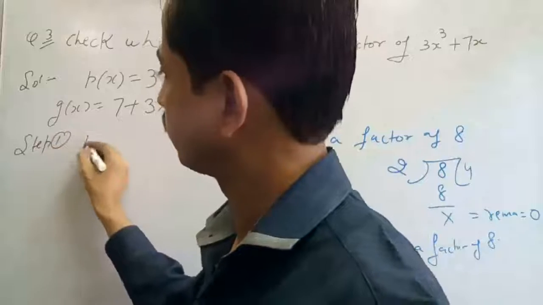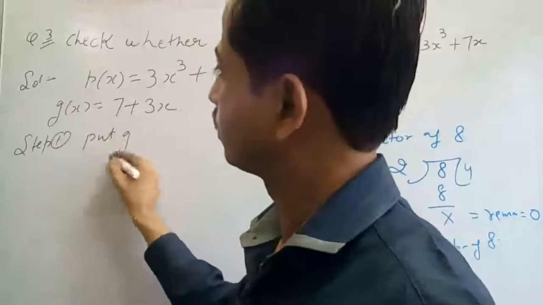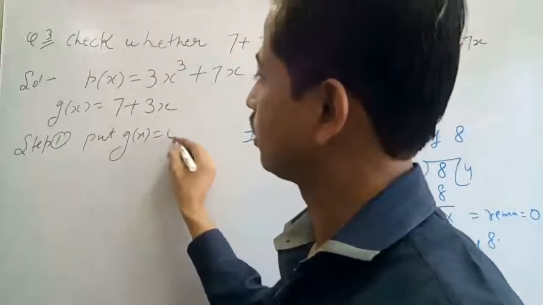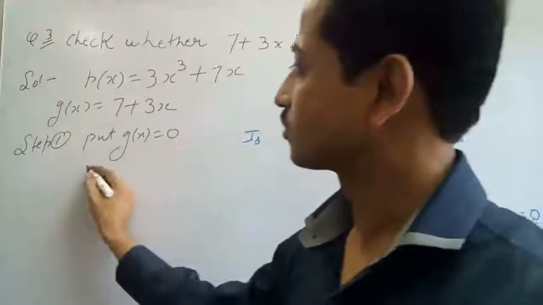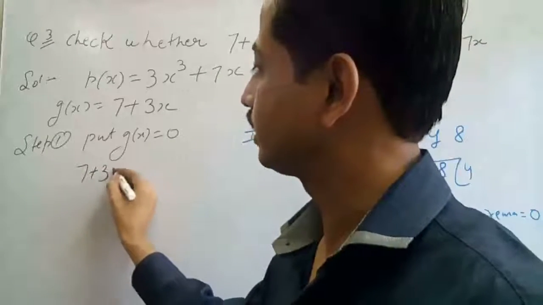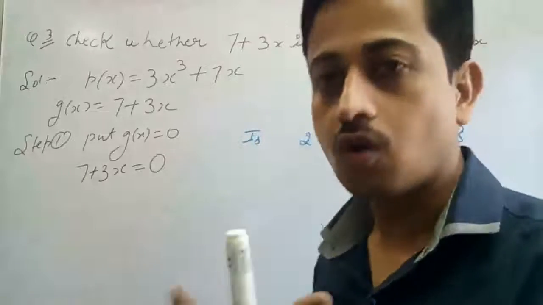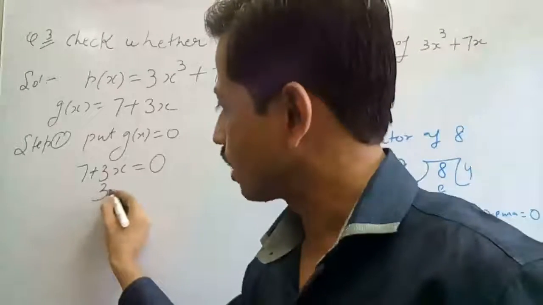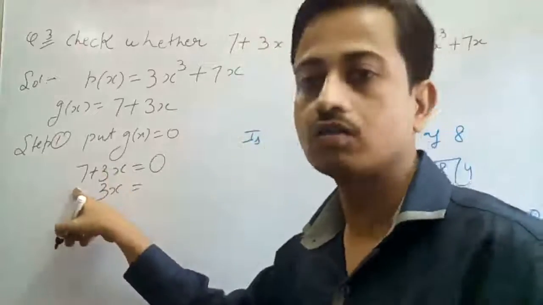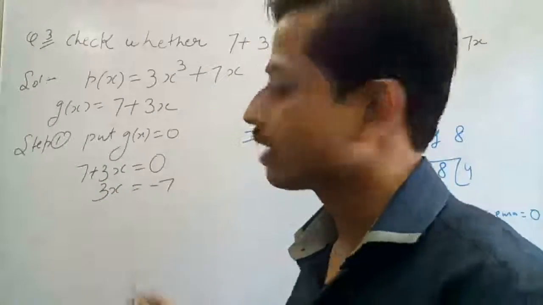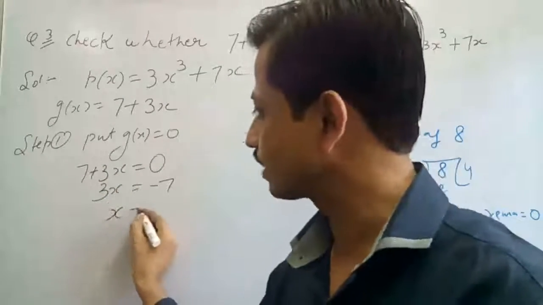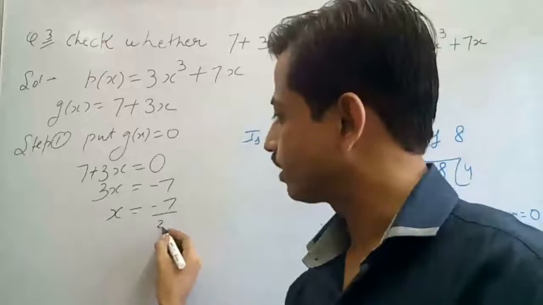Step 1, put g of x is equal to 0. Now solve this. 7 plus 3 into x is equal to 0. We have to get the values of x. So that's why we have to take 7 on the right hand side. We get minus 7. And what's the value of x? Negative 7 divided by 3.